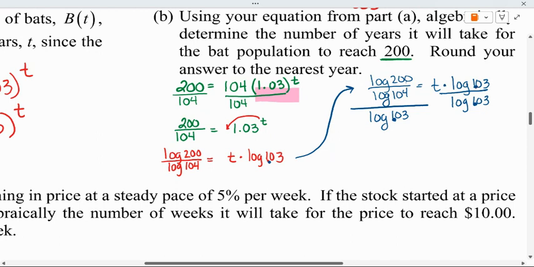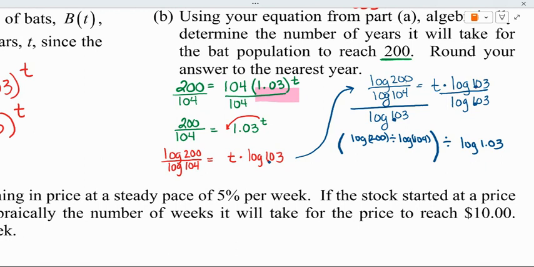I'm just wanging it. Okay, so here's how you're going to put this in your calculator. Use a great big parenthesis. Okay, so I want you to type in log 200 divided by log 104. And I know you have to put parentheses after those little guys. And then close your big parenthesis. And hit divided by log 1.03. So I'm going to use a great big parenthesis first before I even press the log button.